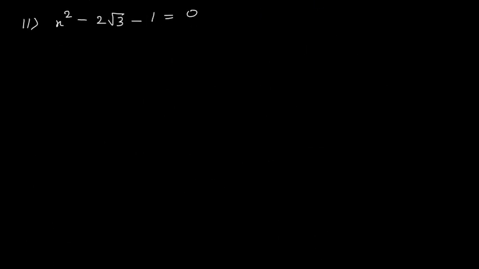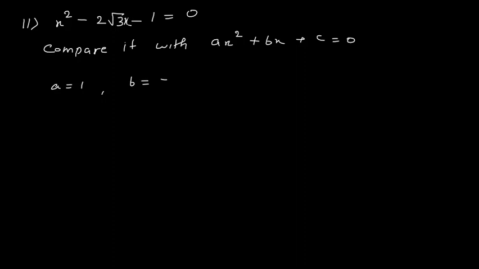The second question is x² - 2√3 x - 1 = 0. So here we compare it with ax² + bx + c = 0. We get the value of a as 1, value of b as -2√3, value of c as -1.